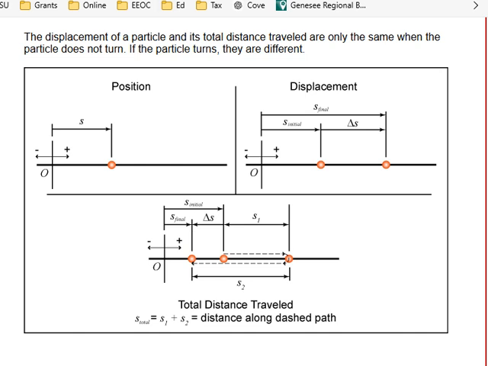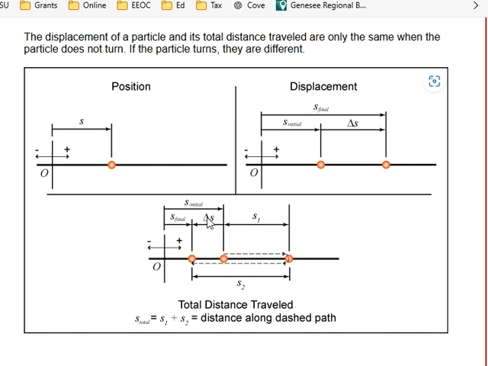Okay, so now I want you to carefully look at this. Starting point here, end point here, change in position, position 1, position 2. The change is delta S; we call this little triangle delta.